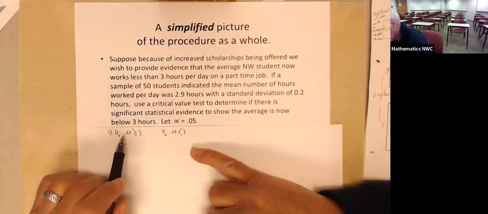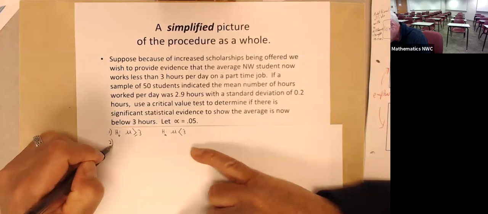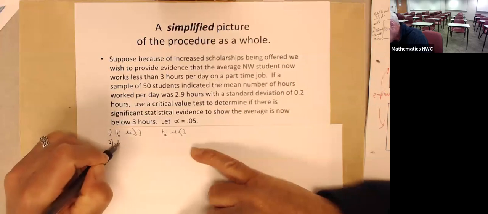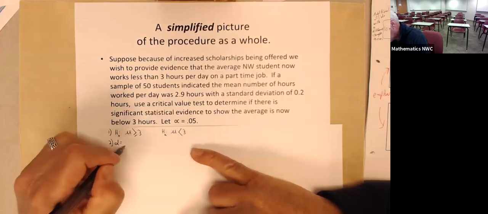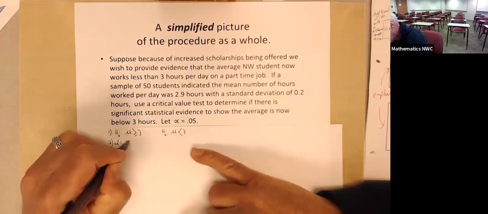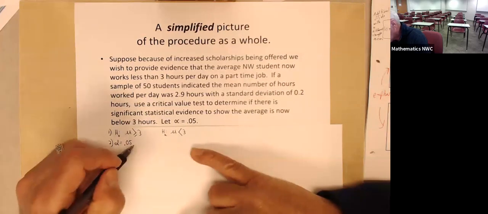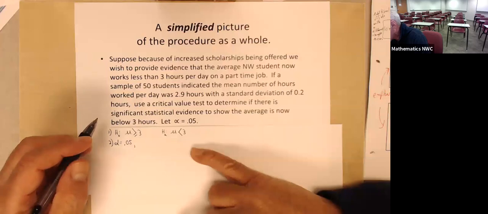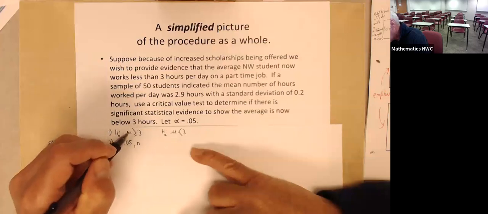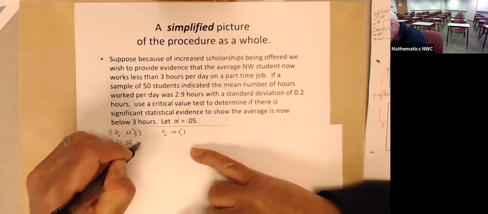I listed both the null and the alternative. Step number 2, I'm going to list the alpha level. It was given right here at the end of the problem, 0.05. Had it not been given, the default is also 0.05. Next, we're going to list the sample size. N, in this case, happened to be 50, a sample of 50 right up here.